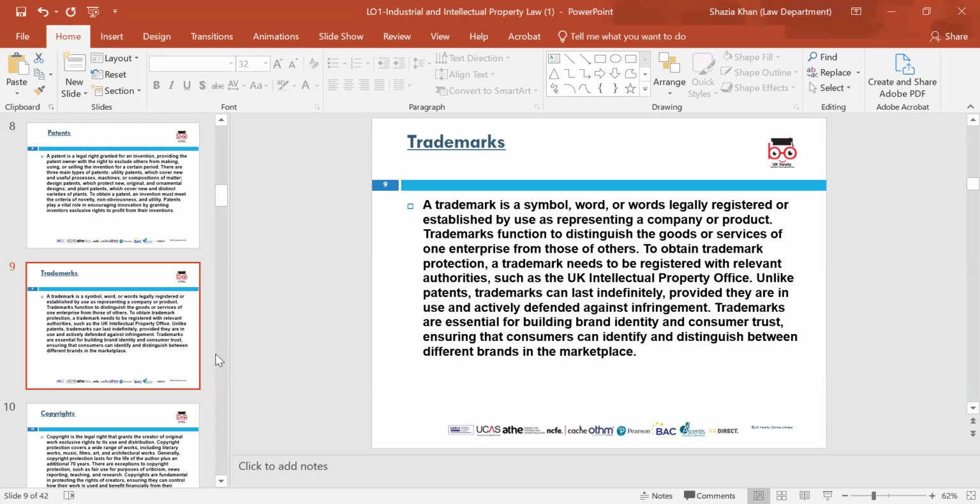It could be any words, phrases, symbols, designs, or a combination of these. It identifies your goods or services, and how customers recognize you in the marketplace and distinguish you from other competitors. The word trademark can refer to both trademarks and service marks.